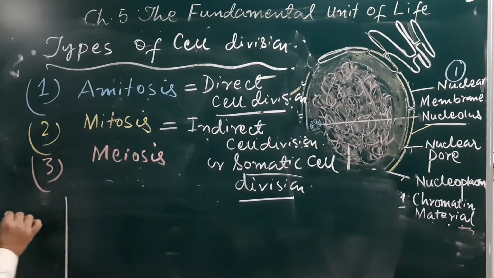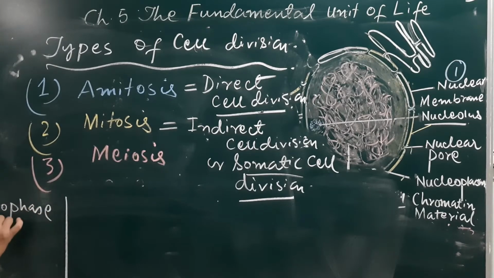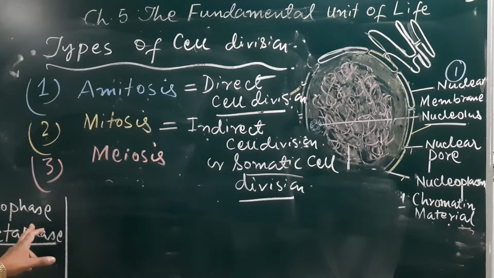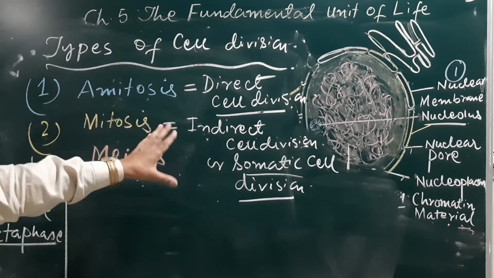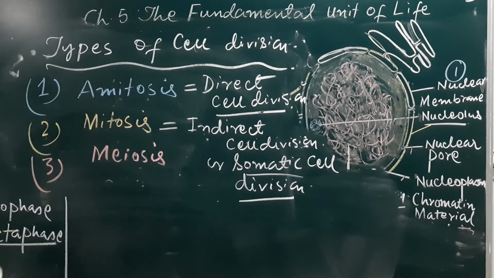What are these steps? The prophase, number 2, metaphase. At this metaphase stage, the chromosomes are clearly visible, which you have seen just earlier, with different shapes depending upon the position of the centromere, like metacentric.